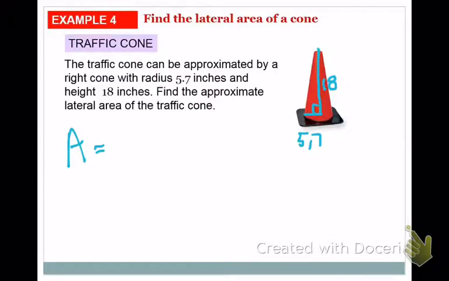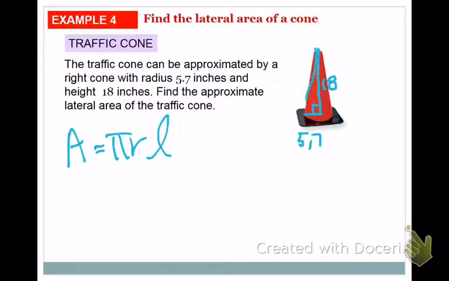Will we use pi r squared or pi r L? The note says pi r s, but pi r L, which one would we use to find the lateral? What do you think, Kennedy? Pi r L. Yeah, we'd use the pi r L. So the slant height, okay, we've got to figure out L, right.